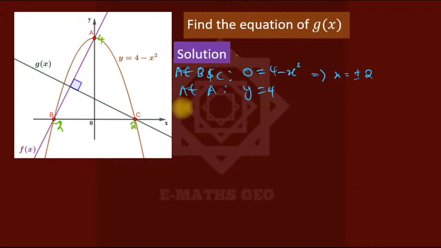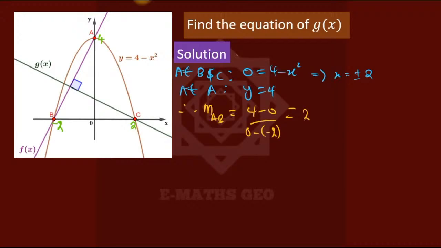So let's calculate the slope, m. The slope of line AB is the change in y over the change in x, which is 4 minus 0 over 0 minus minus 2. That gives us 4 over 2, which is 2.